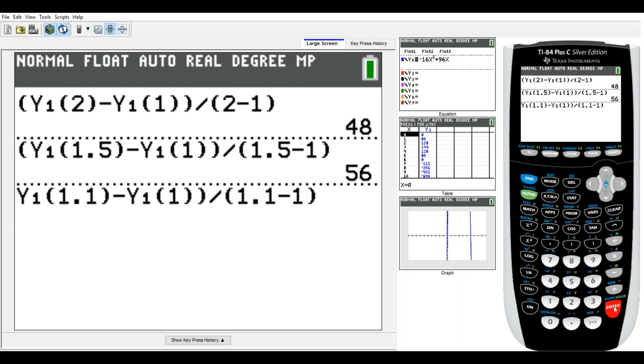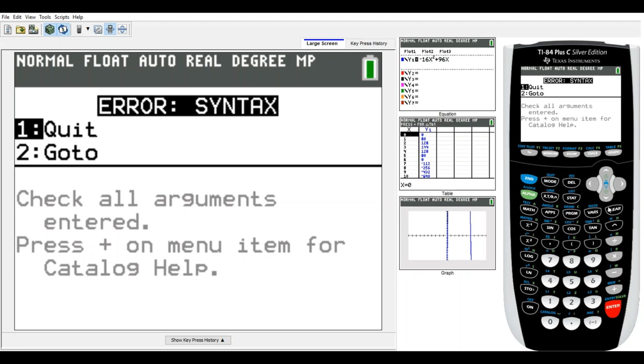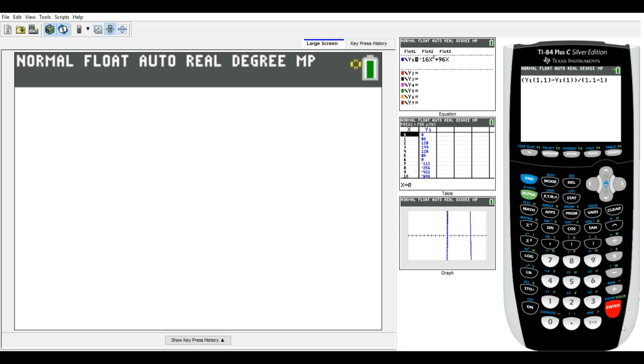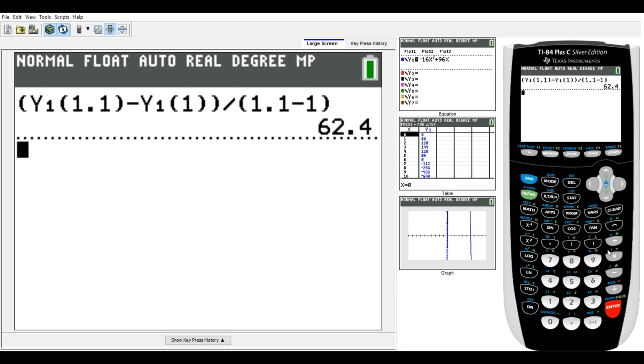There we go. I must have made a little error here. And hit go to and see what it is. Oh, I'm missing my parenthesis over here now. All right, there we go.